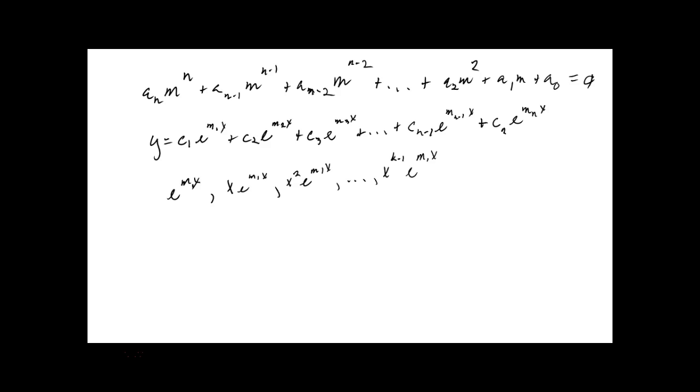Then your general linear combination would have C1 e to the m1x plus C2 x e to the m1x plus C3 x squared e to the m1x plus dot dot dot all the way up to plus C sub k x to the k minus 1 e to the m1x.